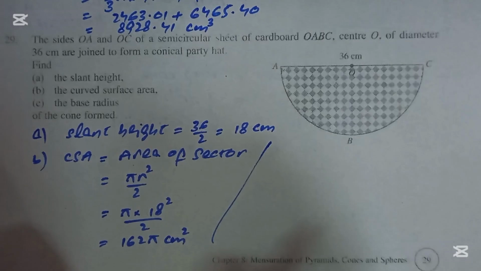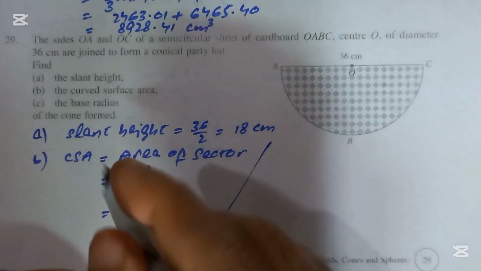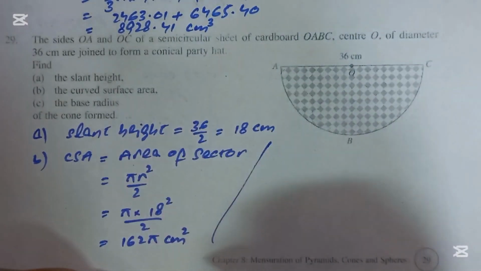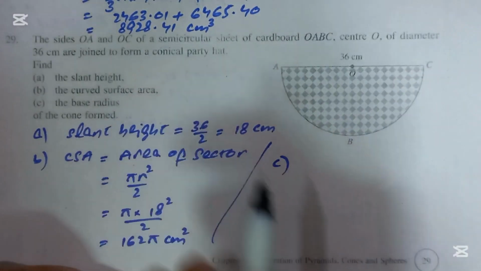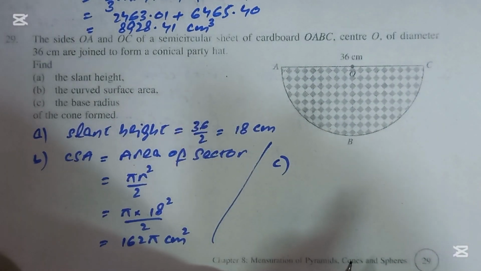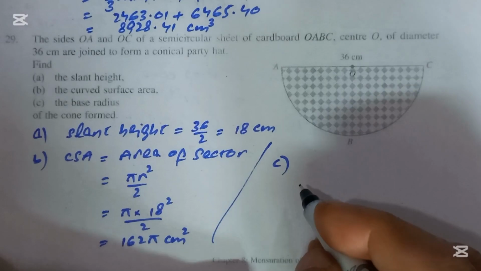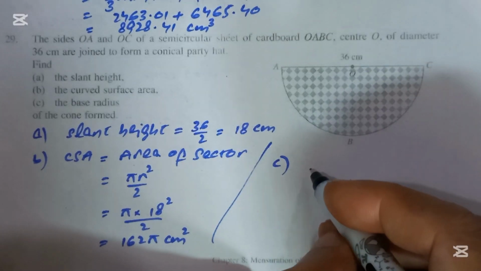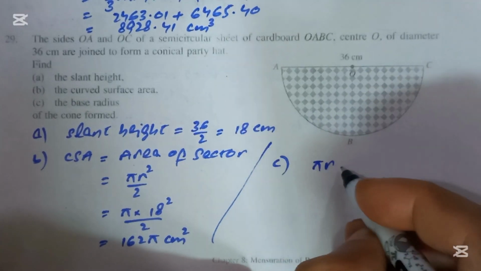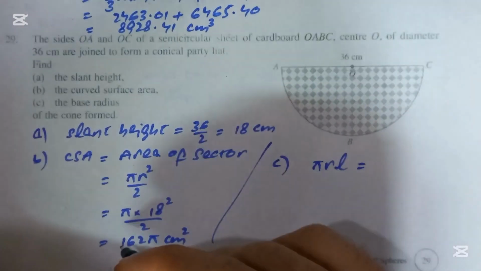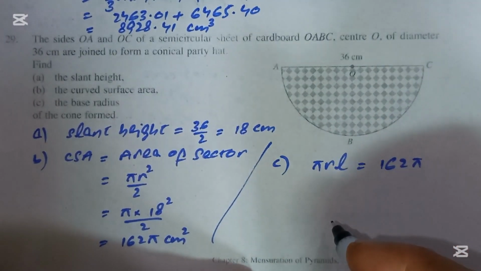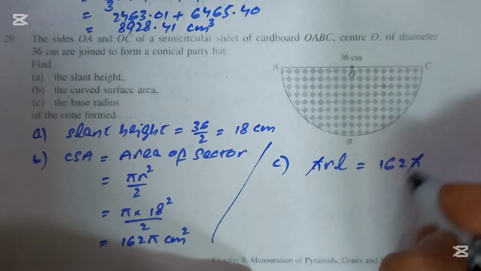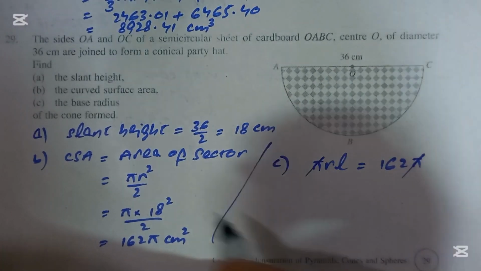And the final thing which is required is base radius. This is C part. Okay, now curved surface area of the cone is given. Curved surface area of the cone's formula is pi r l, and the value is 162 pi. Pi will be cancelled on both sides.